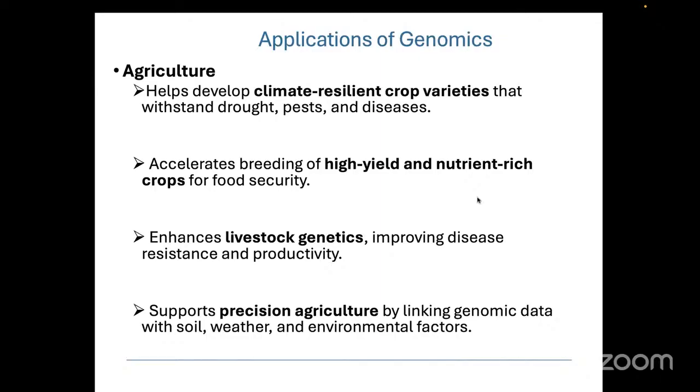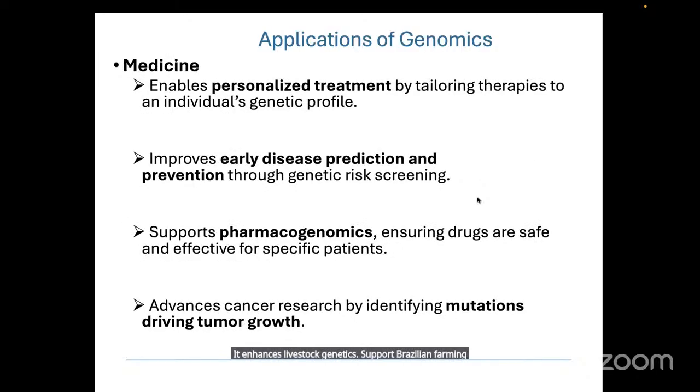So why are we interested in genomics? I've been talking about maize. It helps crop resilience in varieties, accelerates breeding, and it enhances livestock genetics and supports precision farming in agriculture.